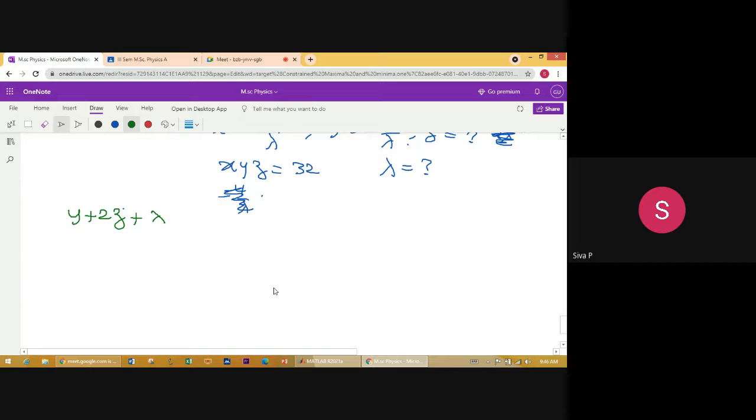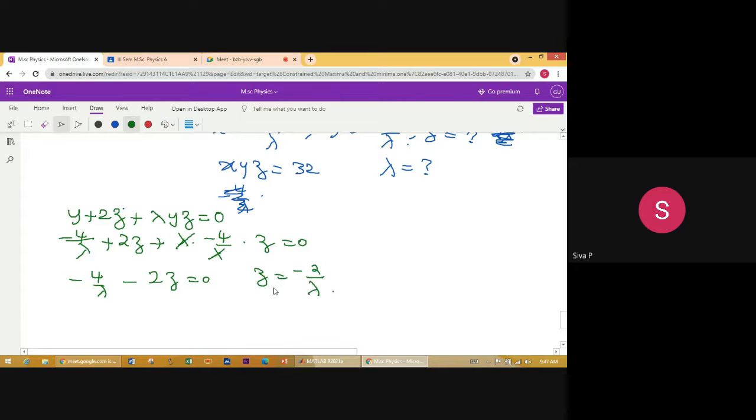Lambda y is... So y equal to minus 4 by lambda, plus 2z, plus lambda times minus 4 by lambda, equals 0. Lambda gets cancelled. Minus 4 by lambda minus 2z equal to 0. So z equal to minus 2 by lambda.